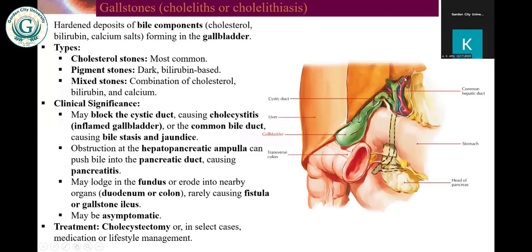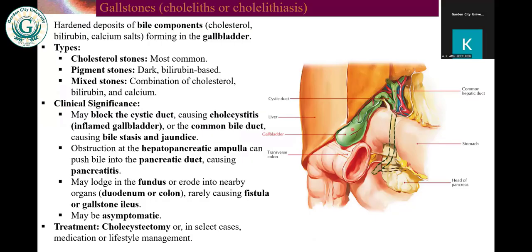There's a left hepatic duct and there's a right hepatic duct. The right and left hepatic duct will form the common hepatic duct. Then the bile will flow through the cystic duct, then get stored in the gallbladder. When the bile is needed, the hormone CCK will be released.